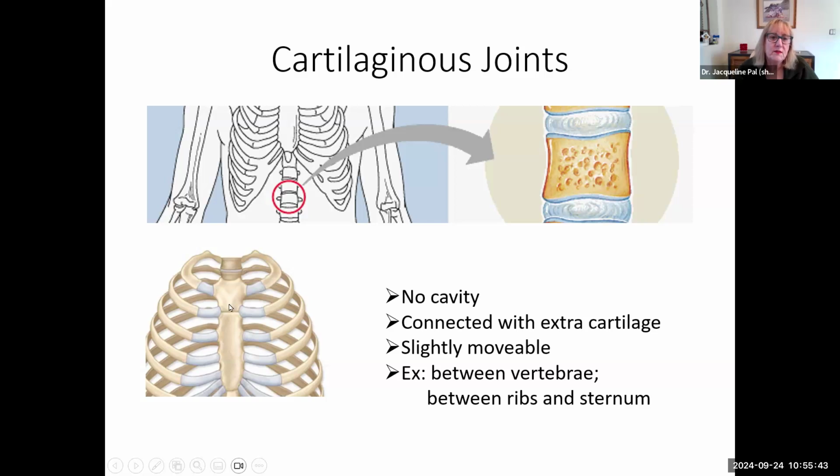But between our ribs and our sternum, this piece of cartilage that you see right here is hyaline cartilage, not fibrocartilage. And so both of these are examples of cartilaginous joints. And there are other cartilaginous joints in your body as well.